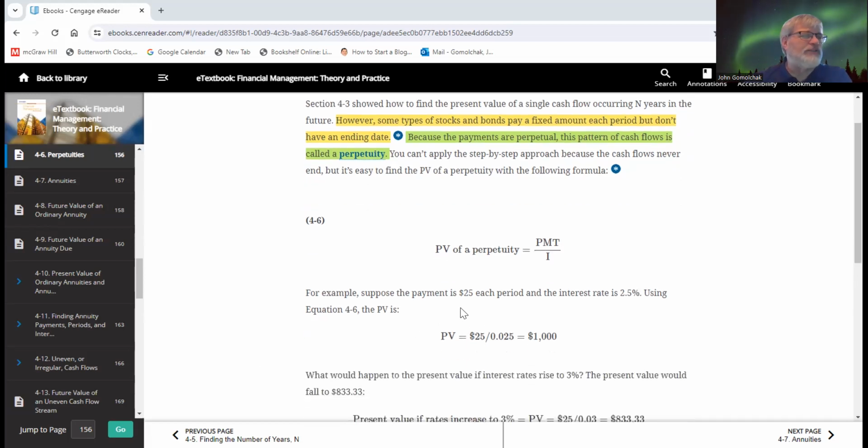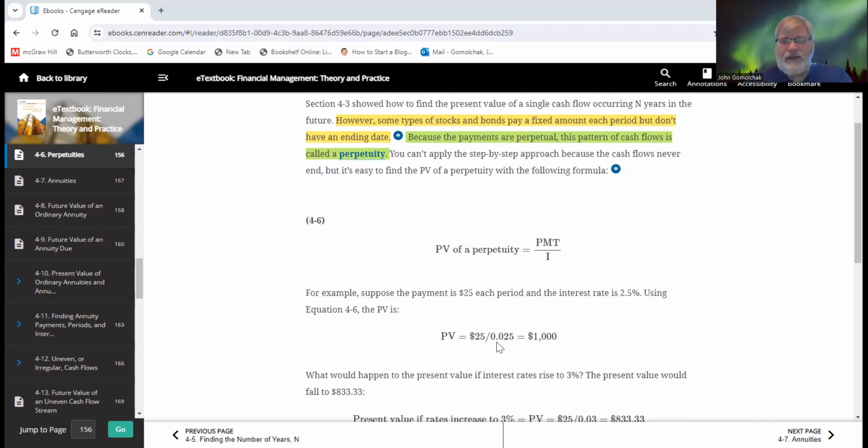Suppose the payment is $25 each period, and the interest rate is 2.5%. The equation then is: present value equals the payment over I. So the payment is 25 divided by 0.025.